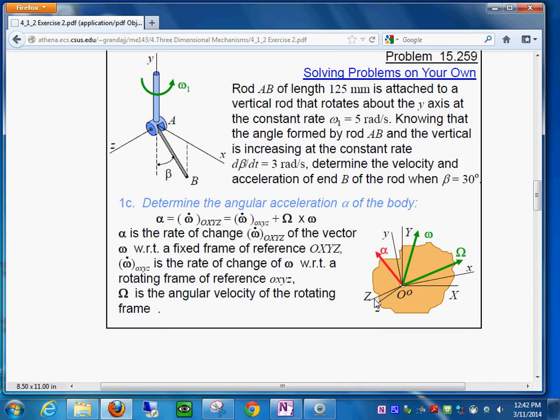Alpha is omega of the rotating frame, or you could say omega of one axis plus a rotation. So alpha is the rate of change of the vector omega in a fixed frame of reference X, Y, Z.